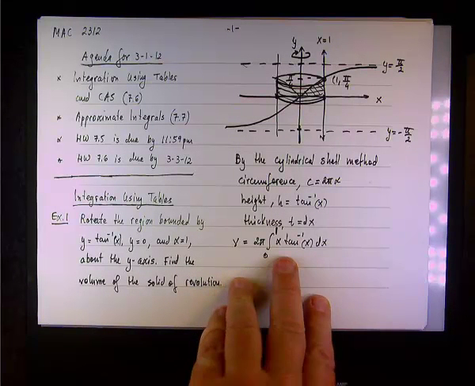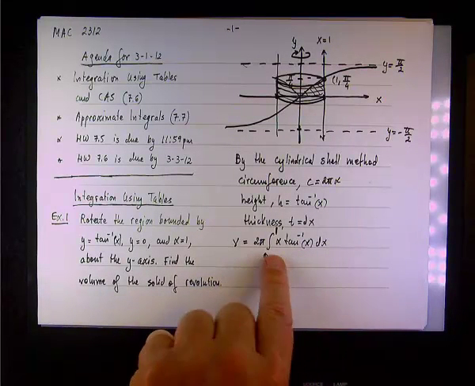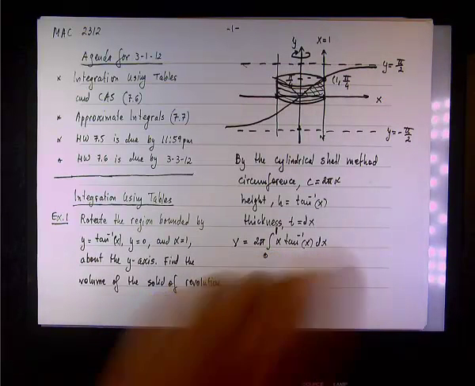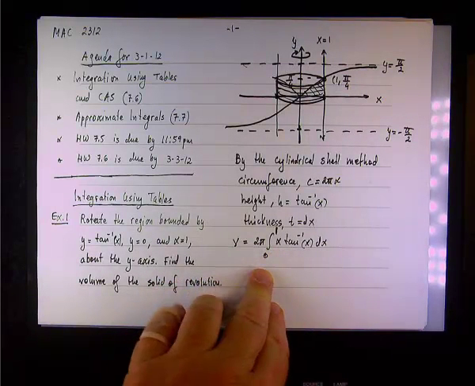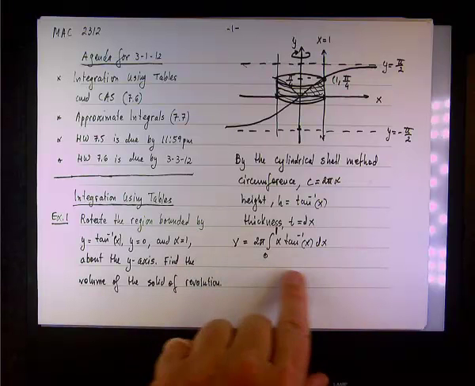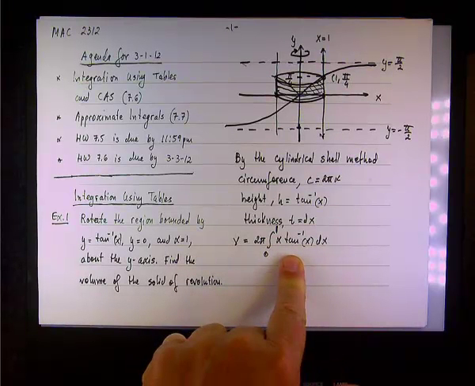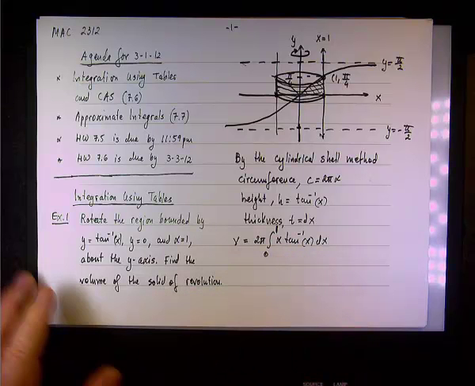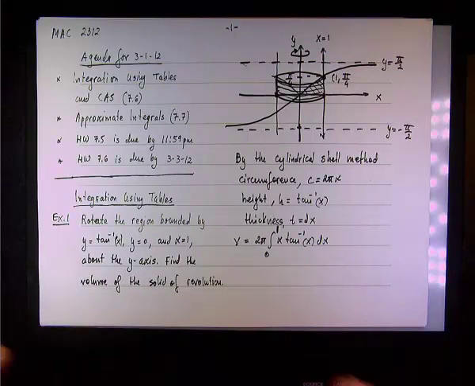Okay, so at this point, if we didn't have a table, we could have gone through integration by parts, because this is a case where you have a simple algebraic function x, or if you want, a polynomial of first degree, multiplied by a transcendental function. The inverse trig function is transcendental.